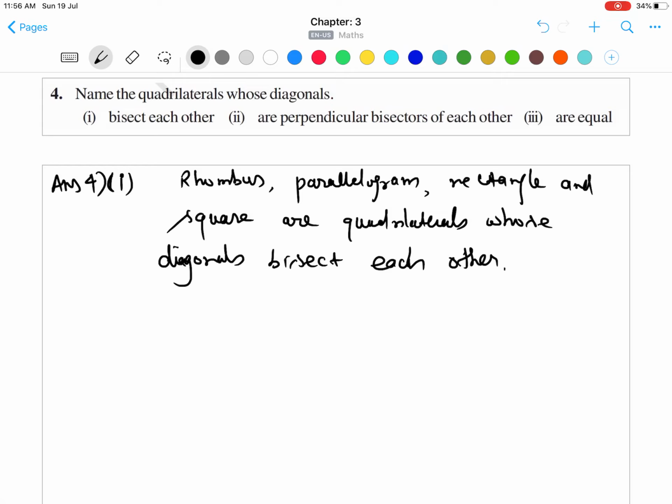Next one is name a quadrilateral whose diagonals are perpendicular bisector of each other. We have two cases. One is the rhombus and second is the square.